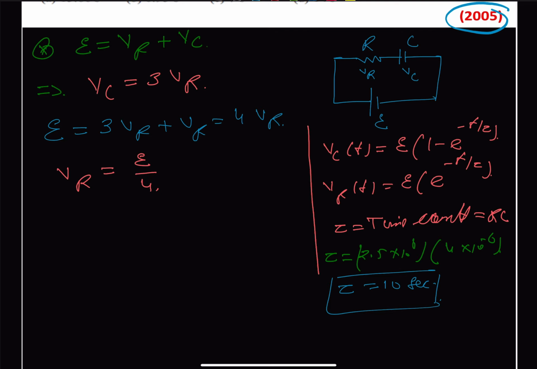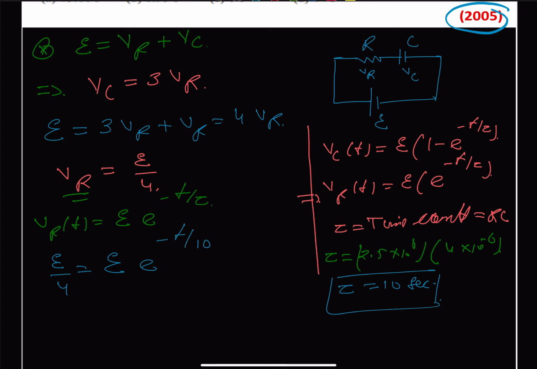So we can use the relationship with respect to resistance, and we get that VR at any time t is equal to EMF times e to the power minus t upon tau, and VR we just found out is EMF upon 4. So EMF upon 4 equals EMF times e to the power minus t upon tau.